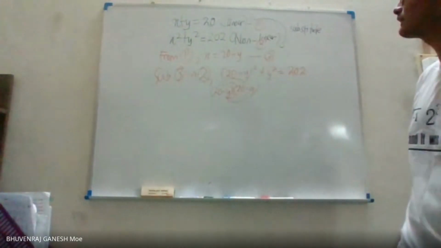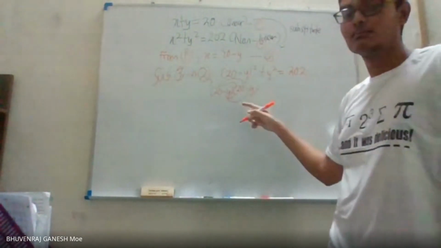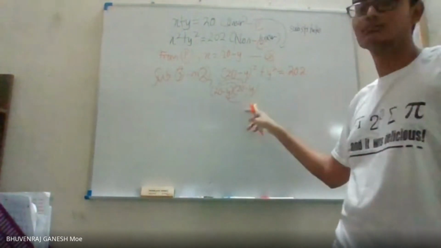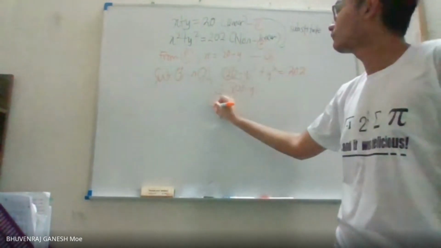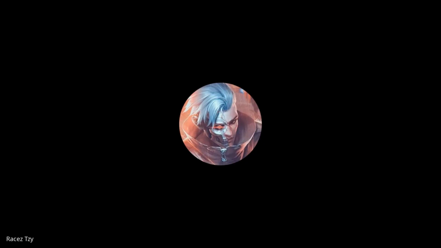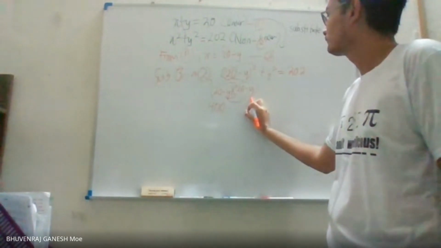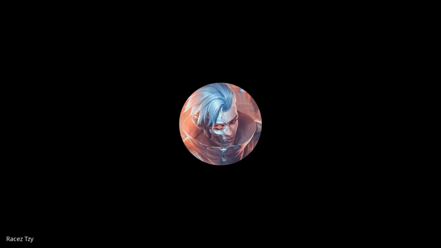So I want you to see directly. If you can, don't write another line, it'll waste more time. So 20 squared, you get 400, right? Okay, then 20 times y times 2.